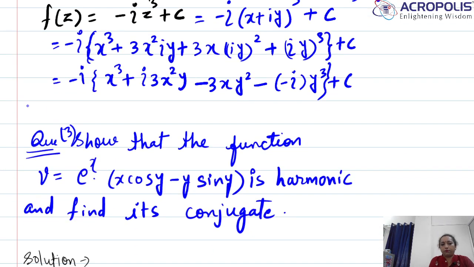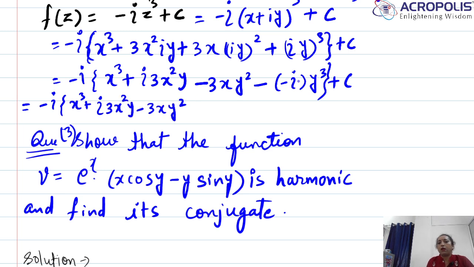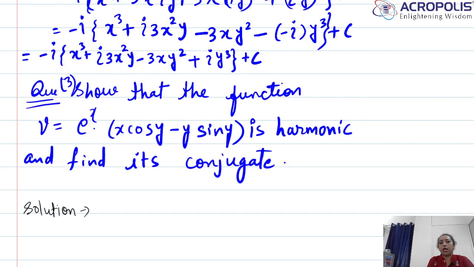Now this is minus i x cube plus i 3x square y minus 3xy square. Minus and minus will become plus here, so it is plus i y cube plus c. Now I am multiplying i with the whole equation.